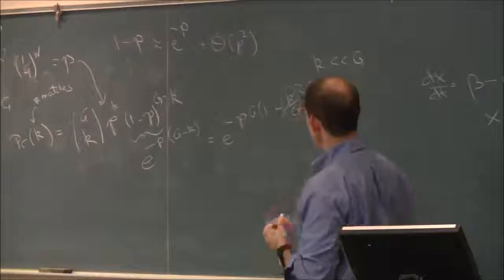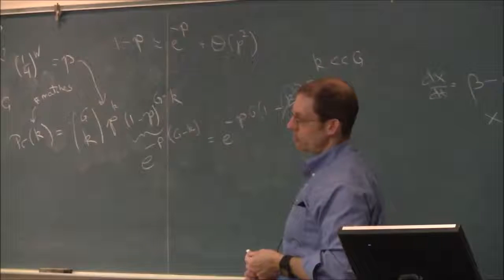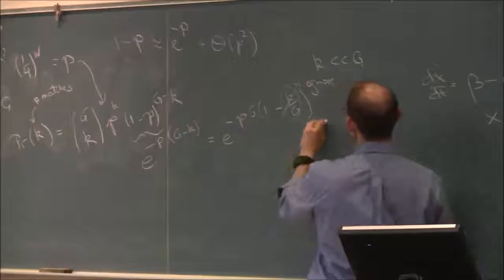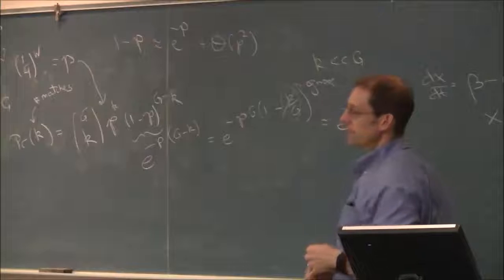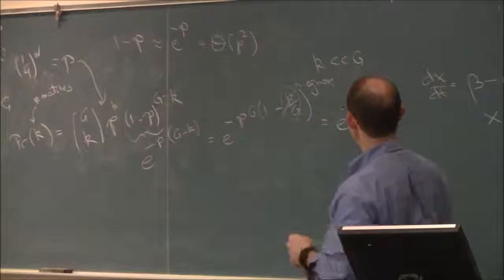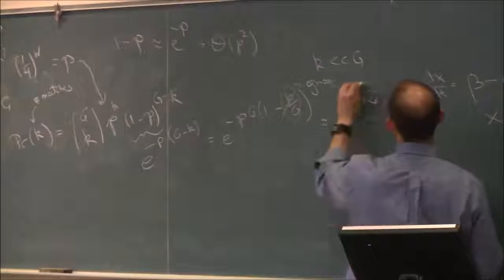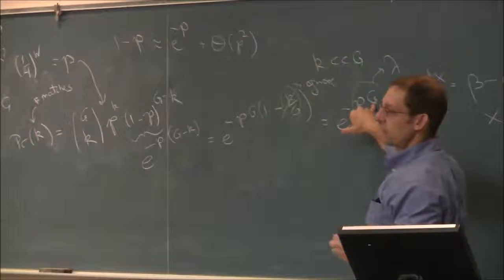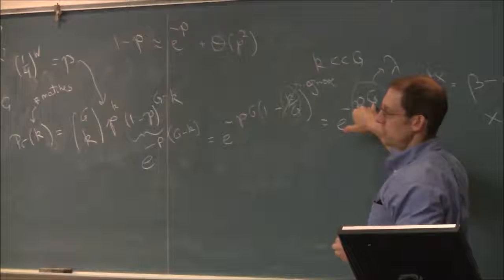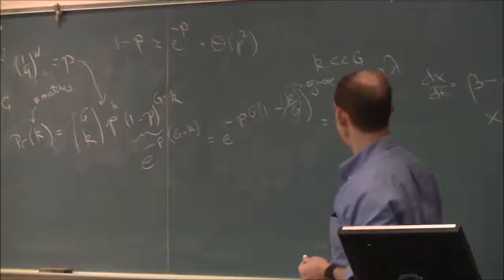We're working in the limit that K over G goes to 0. So this is equal to e to the minus p times G. And we're going to call p times G lambda because everybody else does. So we'll call that lambda.